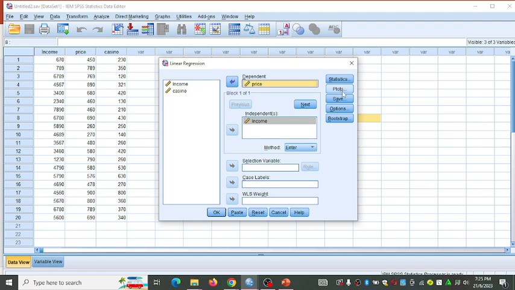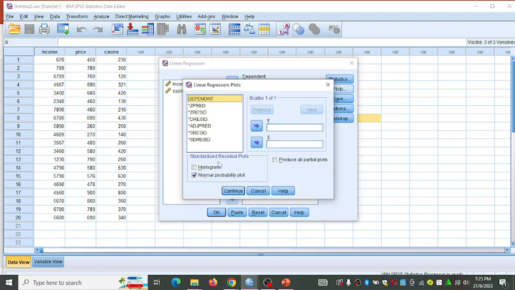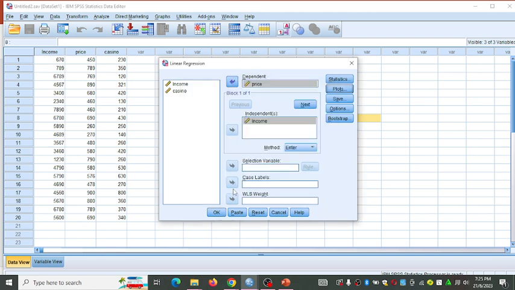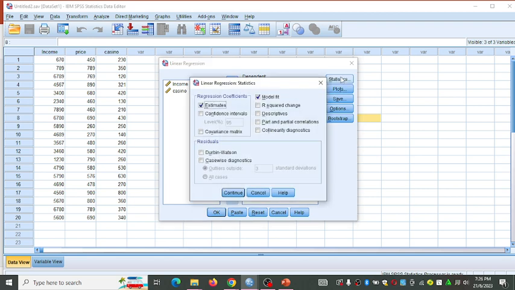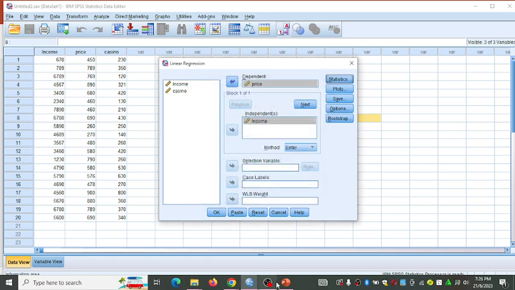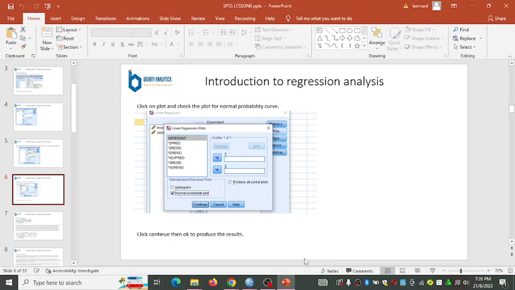Next you click on the other output that you want to include.